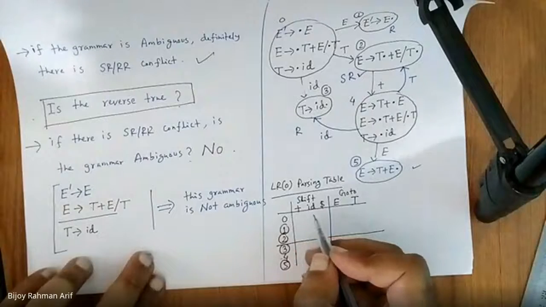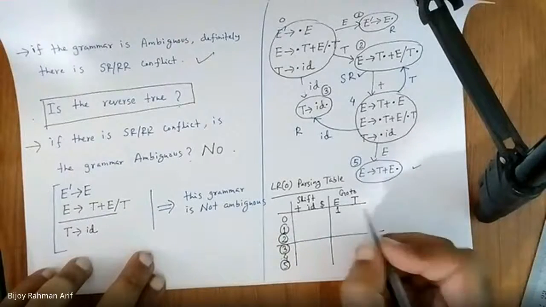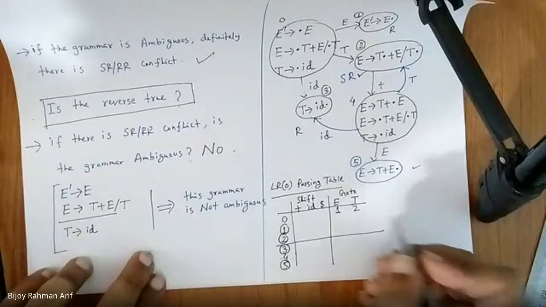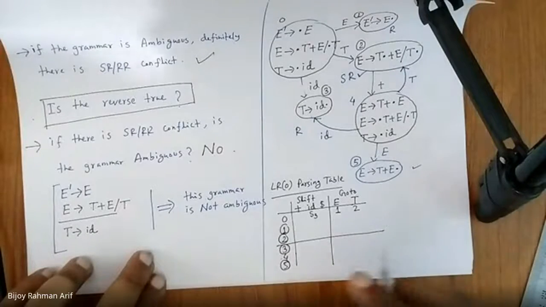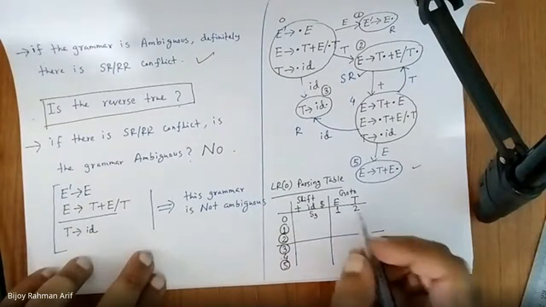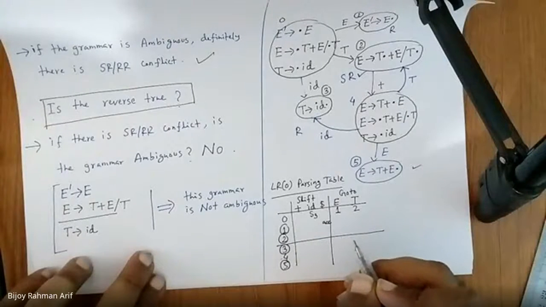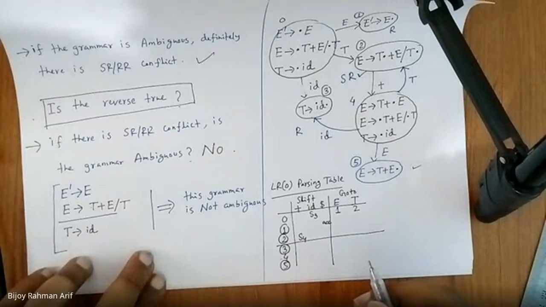State 0 seeing E, I should go to state number 1. State 0 seeing T, I should go to state number 2. On ID, I'm going to shift 3. Now let's go to 1. On dollar, accepted. Let's go to 2. State 2 seeing plus, I'm going to shift 4.